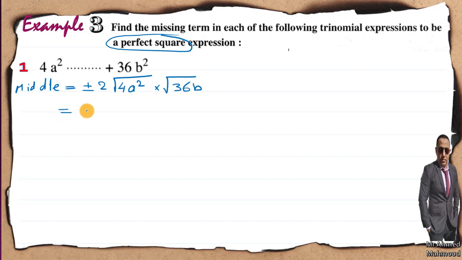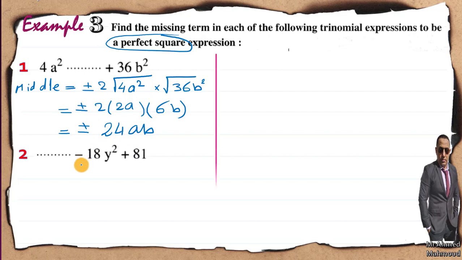Okay, it is equal to negative or positive 2 times root 4, which is 2, a to the power of 2, its root is a, times root 36 is 6, and b to the power of 2, its root is b. Finally, it is equal to negative or positive 2 times 2 times 6 equals 24ab.